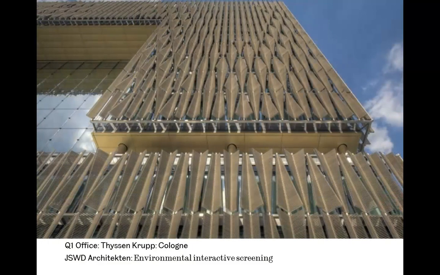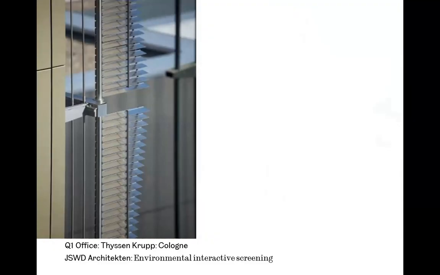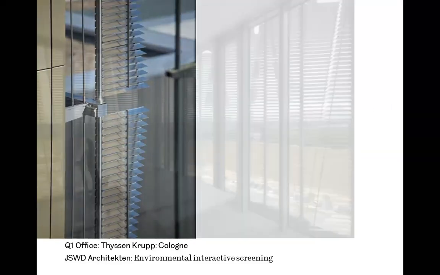And it's a really kind of amazing system which can manipulate itself depending on the intensity of the sun. It's shading the glass, but it's still allowing views out. It creates this really sort of interesting facade, I think. That's what it looks like. So at close-up, I think it's aluminium louvers.